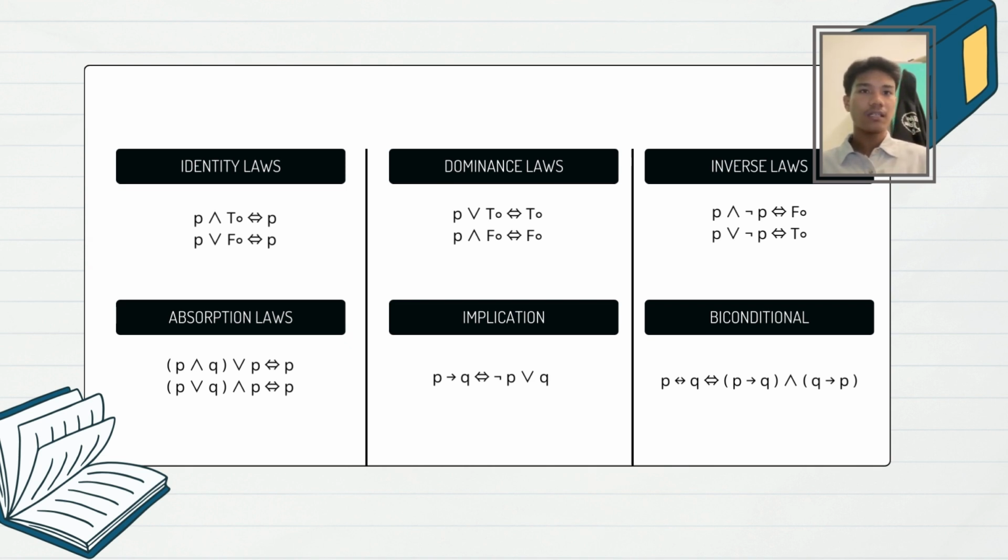P implies Q, the answer will be not P or Q. And then the last one is biconditional. P if and only if Q, the answer will be, in the bracket P implies Q and in the bracket Q implies P.